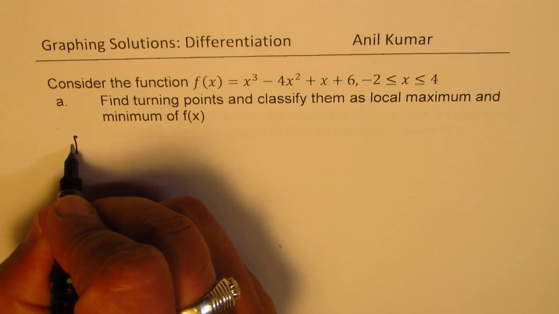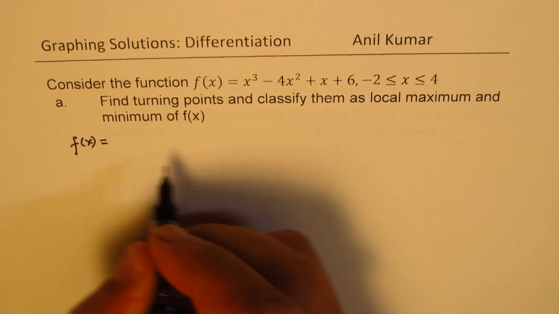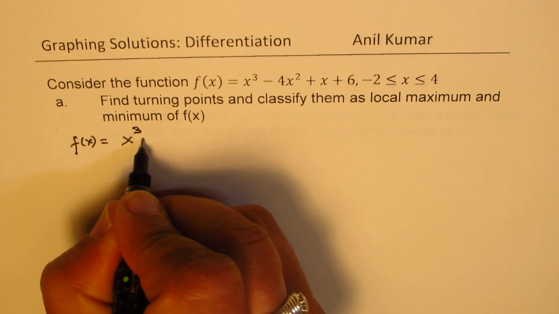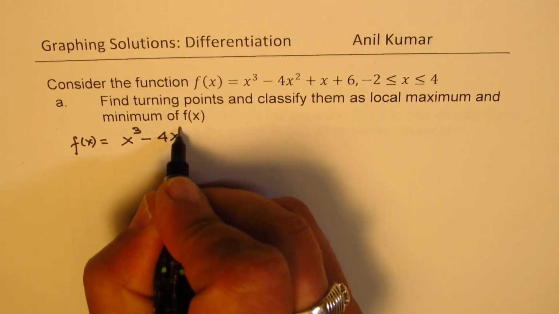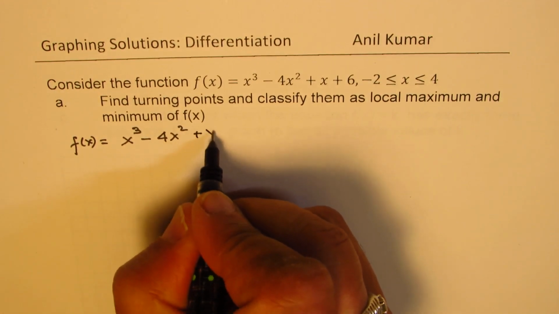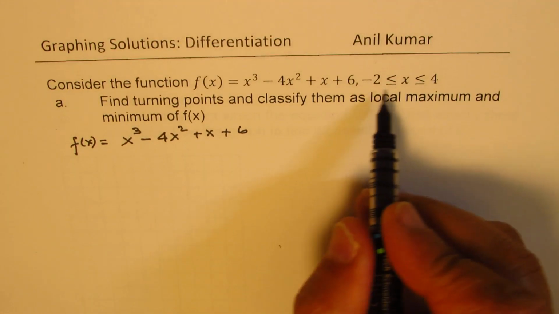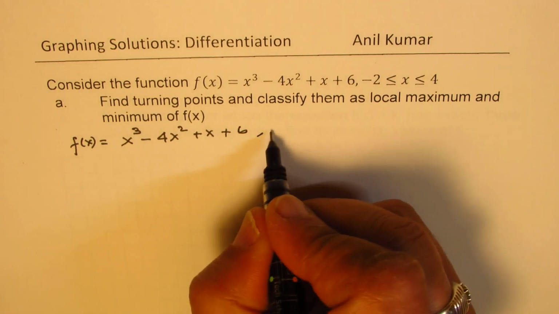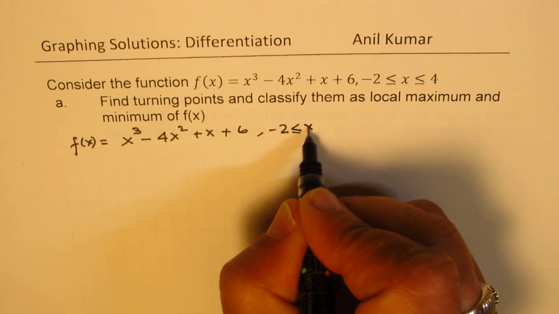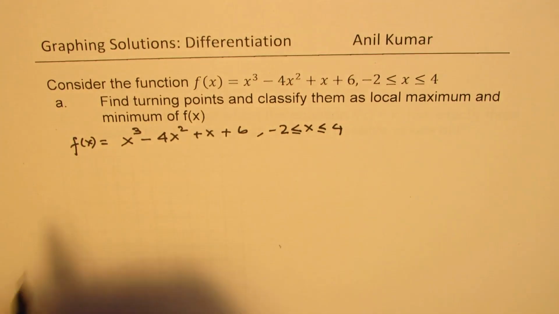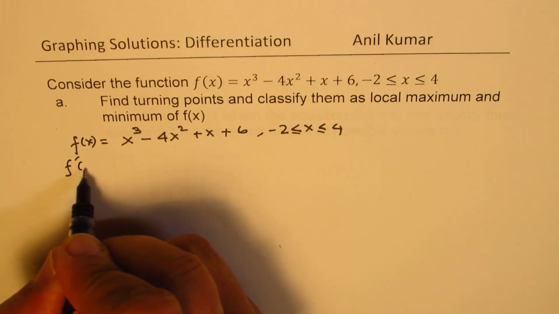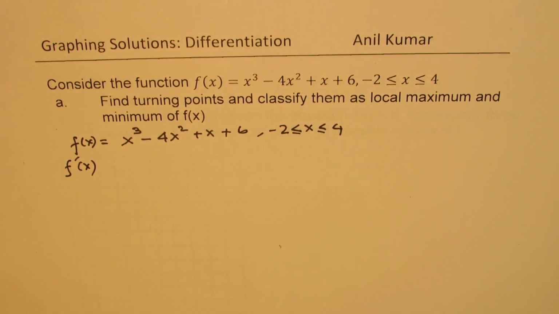So we're given the function f of x equal to x cubed minus 4x squared plus x plus 6. That is the interval. We'll look into this also. Okay, let me write down. So for the first derivative, we are going to use the power rule.